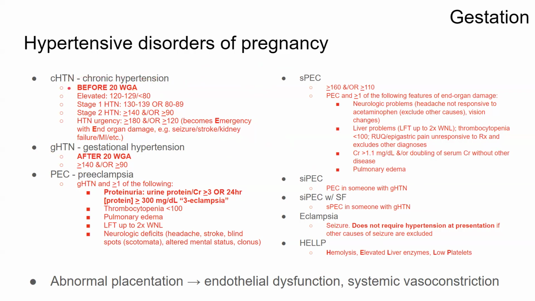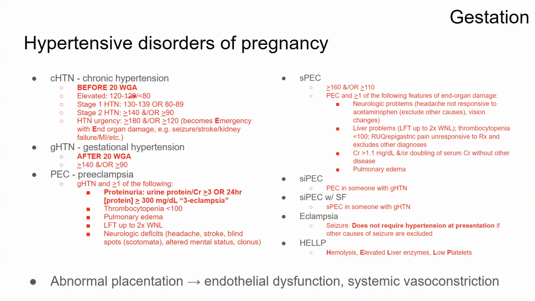It goes from least severe, quote unquote, to the most severe. You start with chronic hypertension, which is just essential or primary hypertension, like someone who's not pregnant. So if someone has hypertension before 20 weeks of gestation, that's chronic hypertension. And the specific criteria for chronic hypertension are listed here.